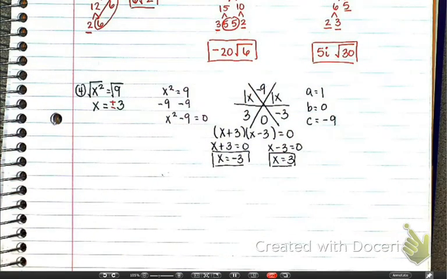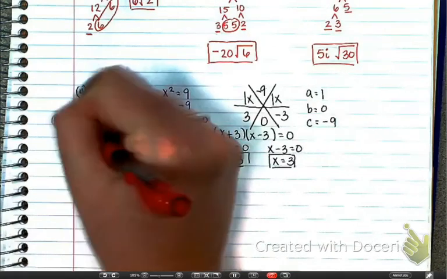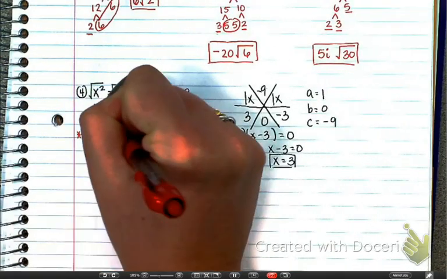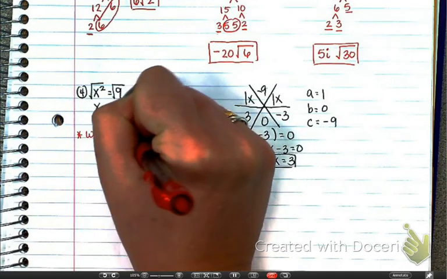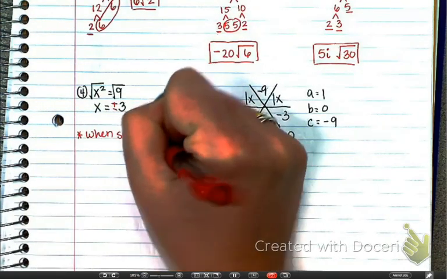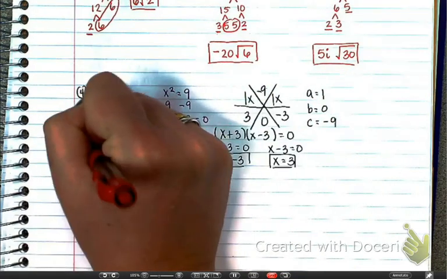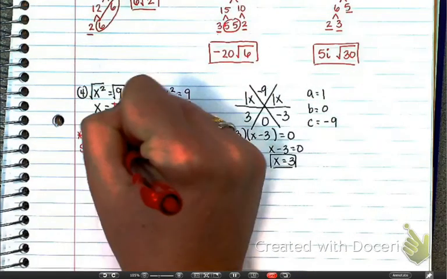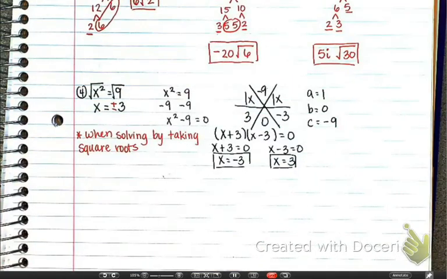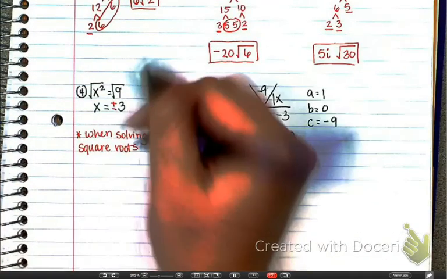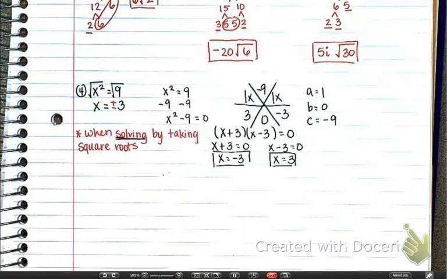Do I want to highlight that? We're going to write it down. The star next to it. When solving by taking square roots, and again, solving means there's an equal sign.